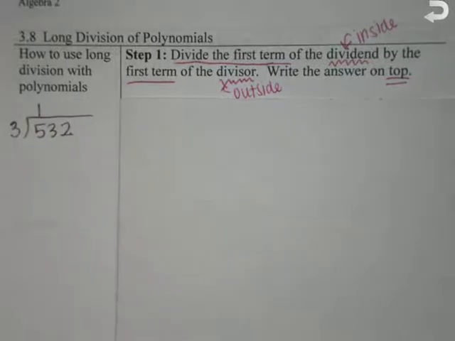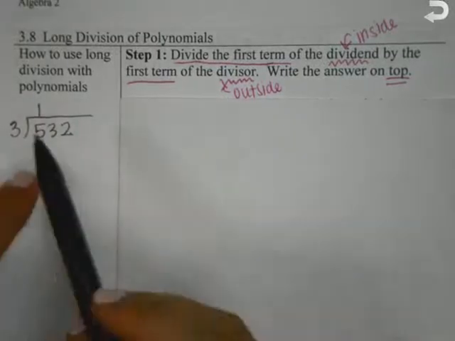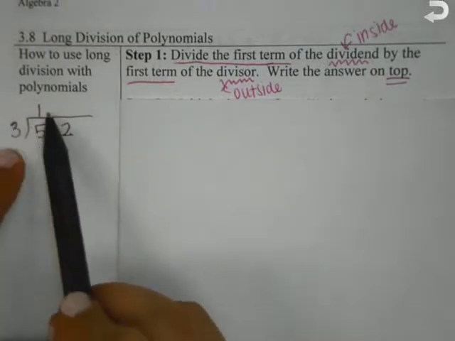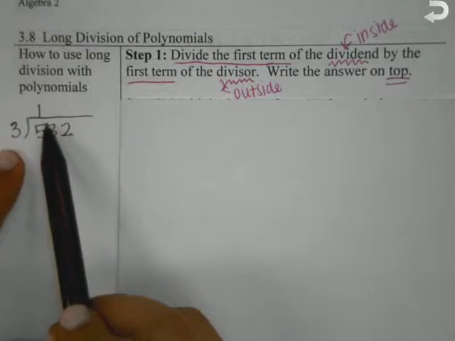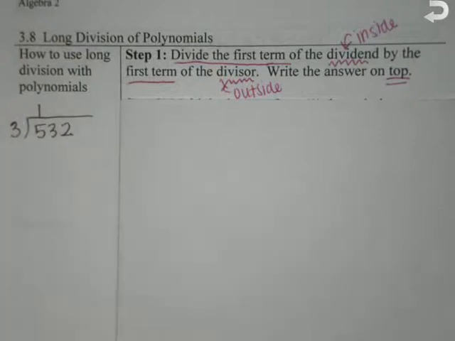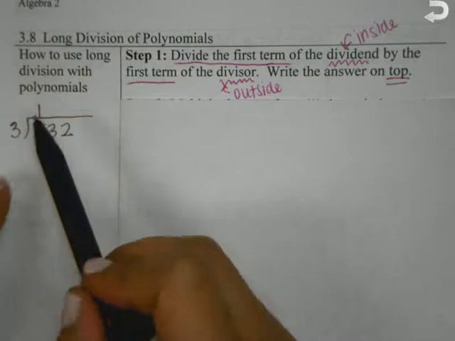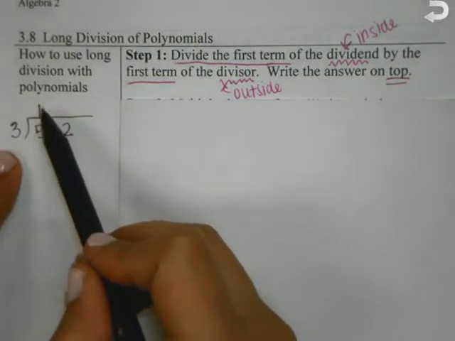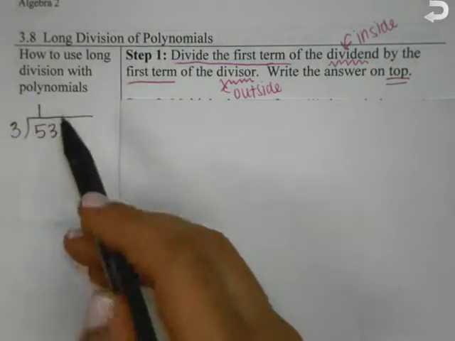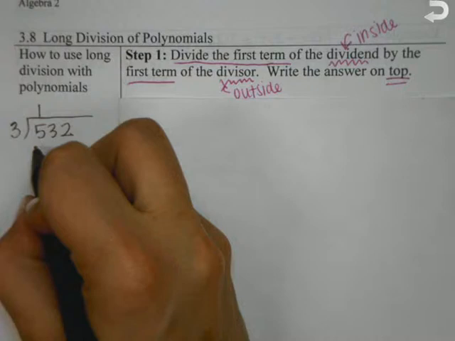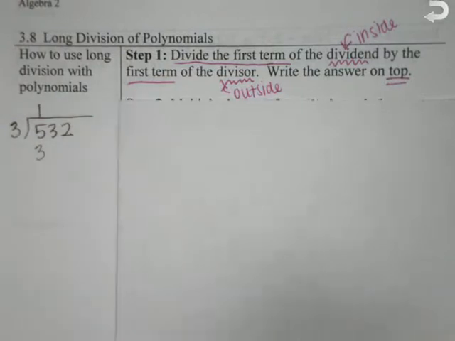So going back to my example problem on the side, after I divided 5 by 3, then what do I do? Multiply what? The 3 and the 1, right? So I multiply the 3 and the 1, and where do I write that? Below the 5. So I multiply 3 times 1 and write it down below. That's step 2.